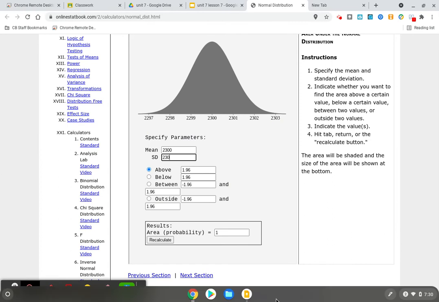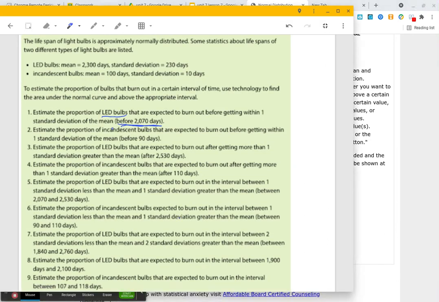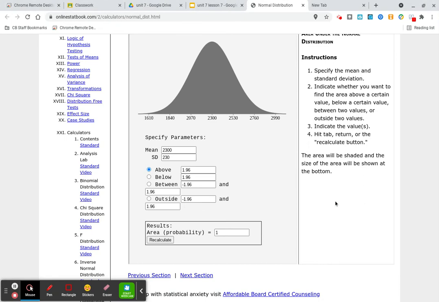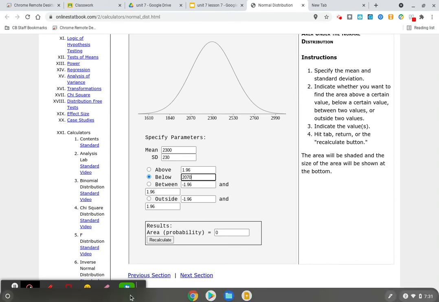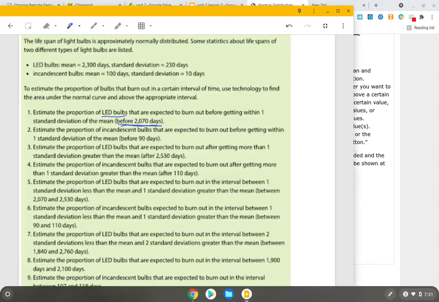Okay, and we want to know the proportion that are expected to burn out before 2070 days. So before would be a fancy way of saying below. So we're looking for below 2070 days.